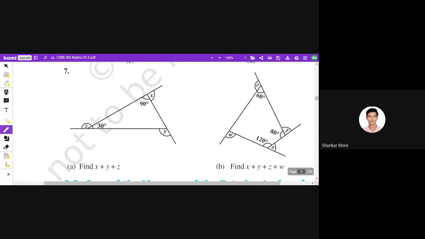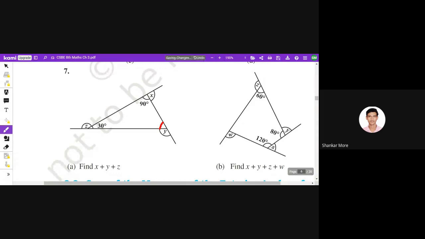Okay. So can we find the value of z? What is it going to be? It is going to be 150. z is going to be 150, right? Now we have x, we have z, we need y. So for y, we need the measure of this interior angle.